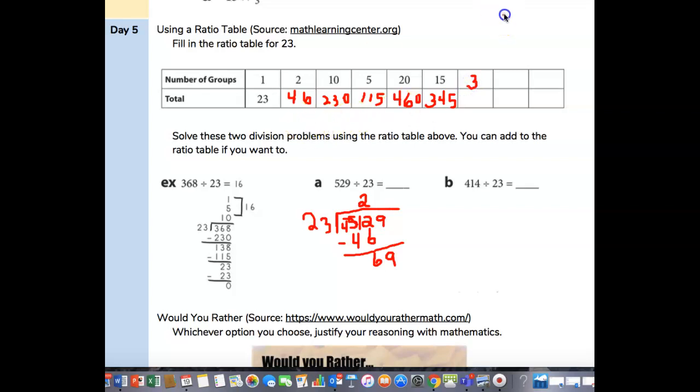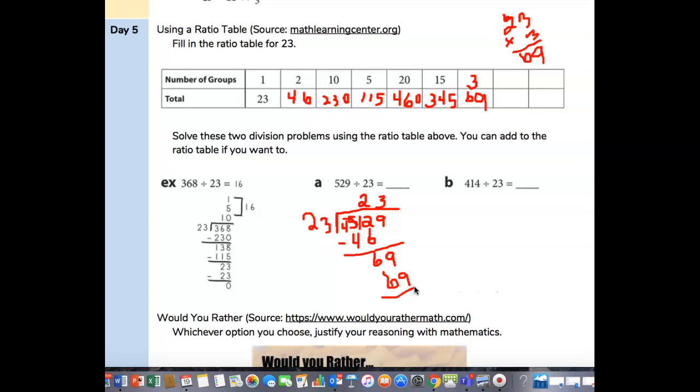Let's see what 23 times 3 is. 3 times 3 is 9, 3 times 2 is 6, 69. Okay, so there's another one for us to use. So 3 times 23 we know is 69.